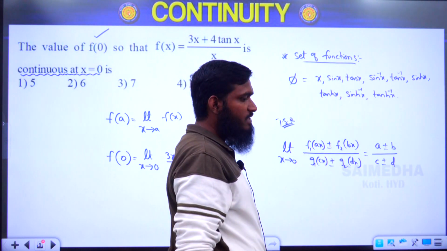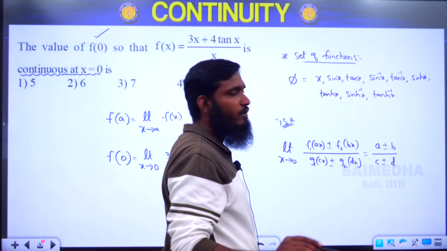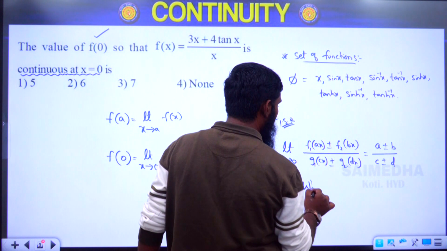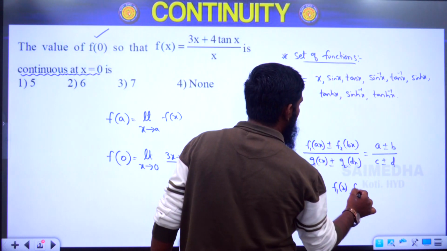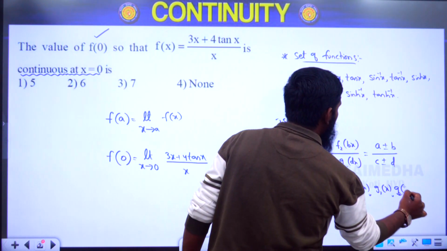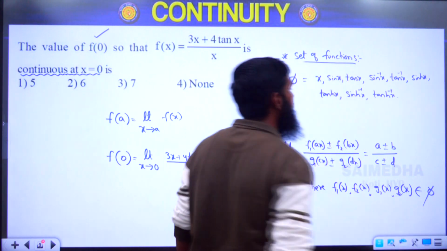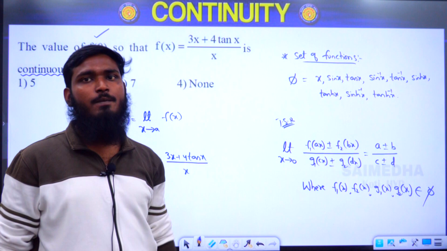Only we have to take these numbers, a value, b value, c value, d value, we have to take those values only. But where f1 of x, f2 of x, g1 of x and g2 of x belong to the set of functions. If these functions are in the set of functions, then only we can apply this shortcut.